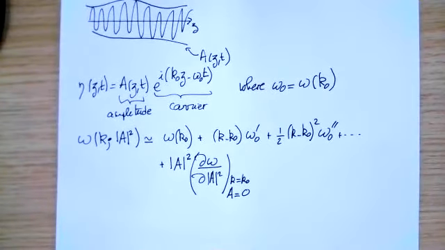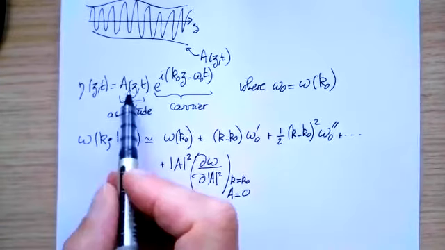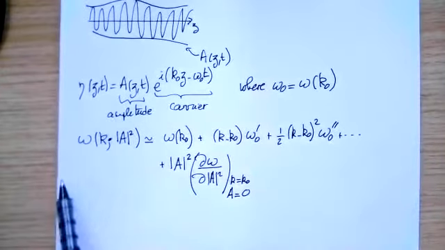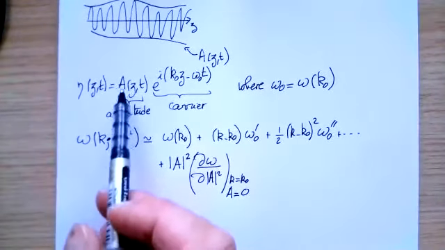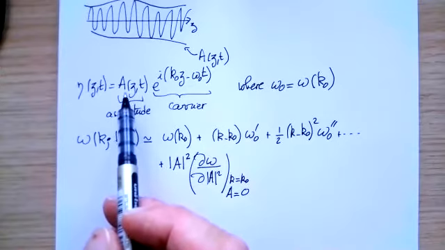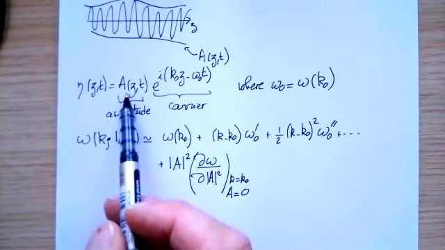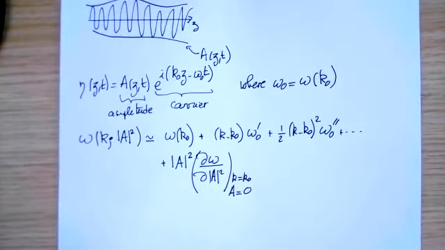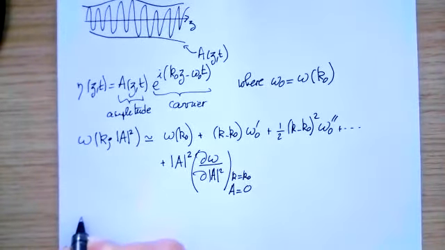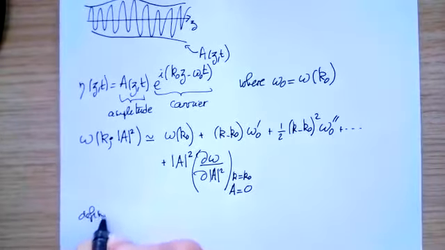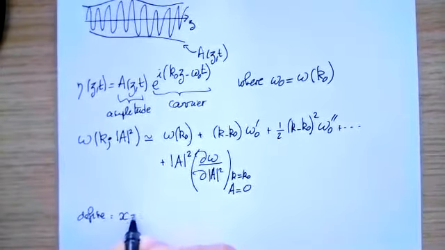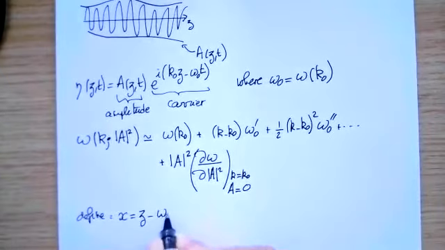So you should check the notes, but otherwise, believe me, one finds that this amplitude function, which is complex, obeys an equation of the type, by defining x equals z minus omega naught prime t, and keeping t.